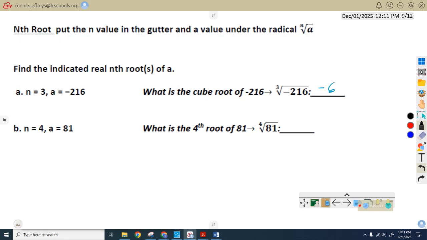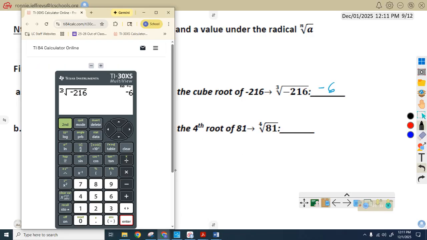That's it. All right. This is what's the nth root of 81. So that's the 4th root of 81. So now, clear, clear, clear. We want 4 in the gutter. So we would say 4, second, raise the roof, 81.